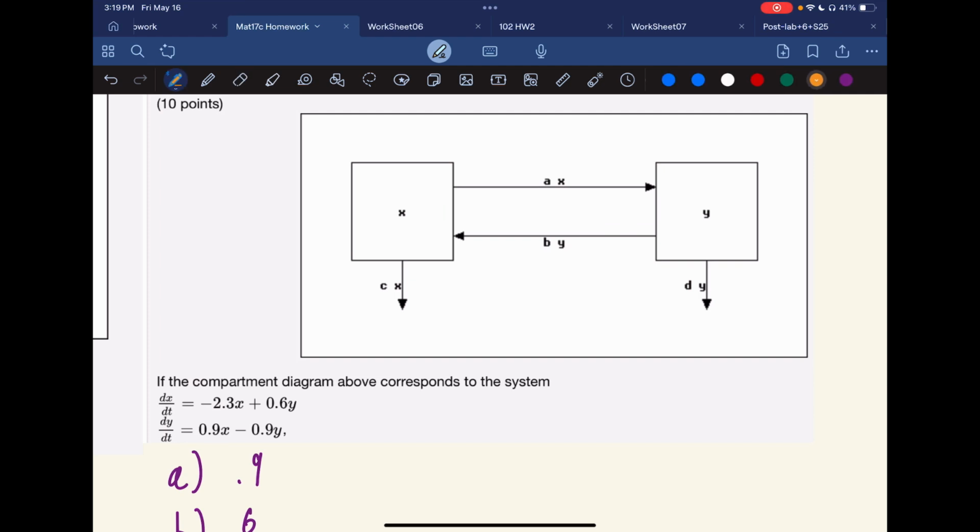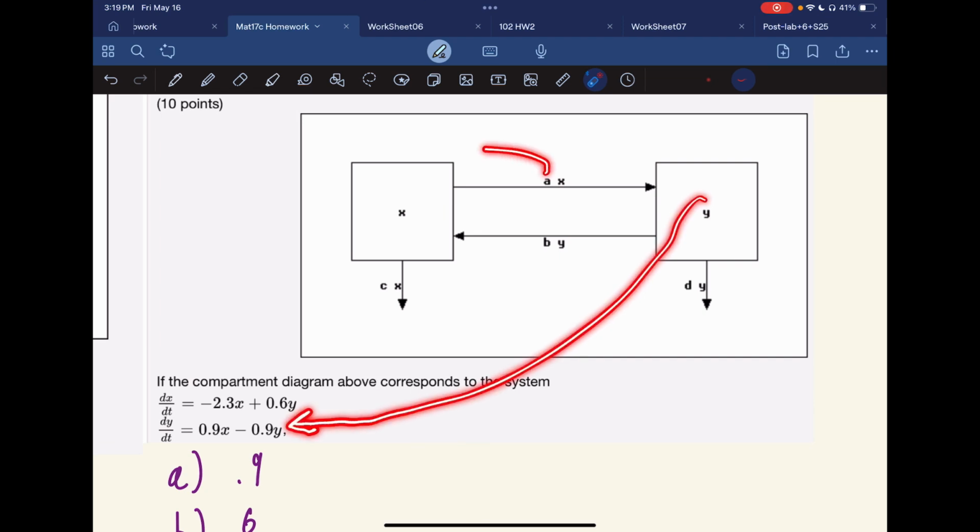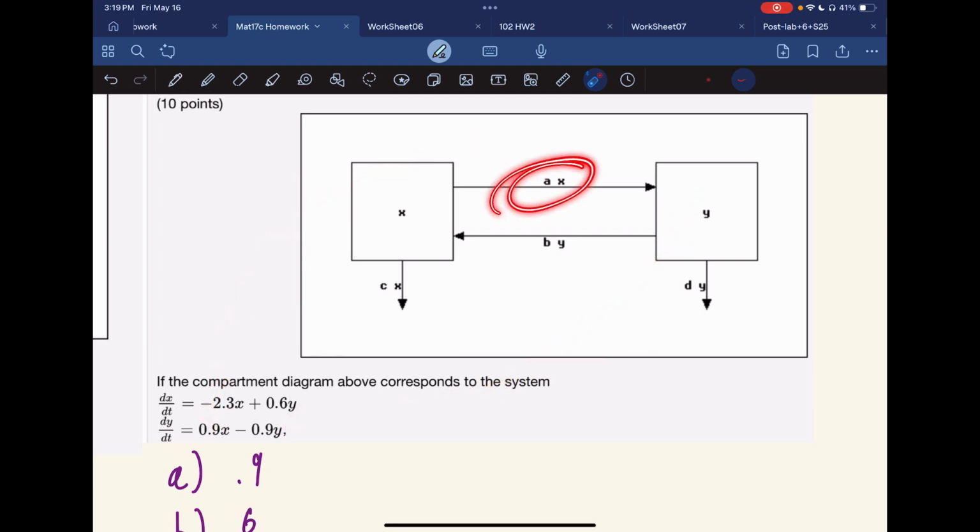Sorry. It has to be 0.9. For dy of dt, we look at this one. We look at this guy. It has to be 0.9, because dy of dt only has one source of x. So you just look at the x.